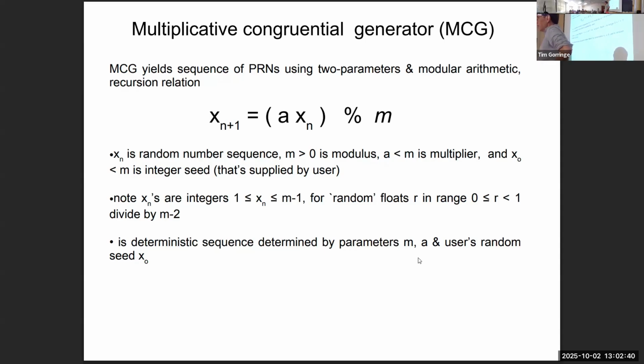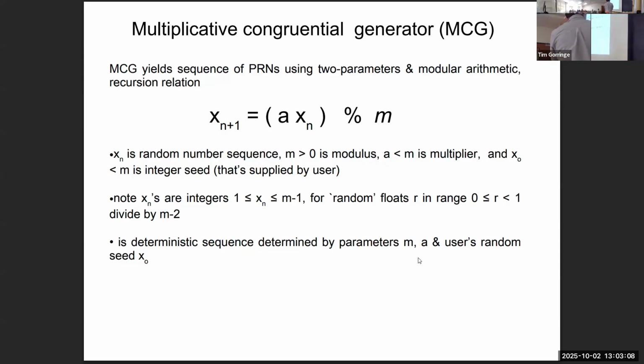So that's going to be the recipe, and that's a pretty simple recipe because that just involves a couple of operations on the computer: take the current random number, use multiplication, use the modulo operation to calculate the next random number. So this can be done very, very quickly and efficiently on a computer. We can calculate large numbers of random numbers very, very quickly.